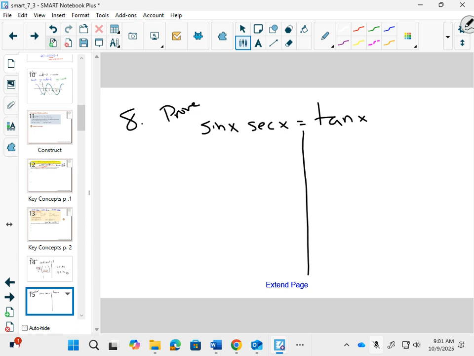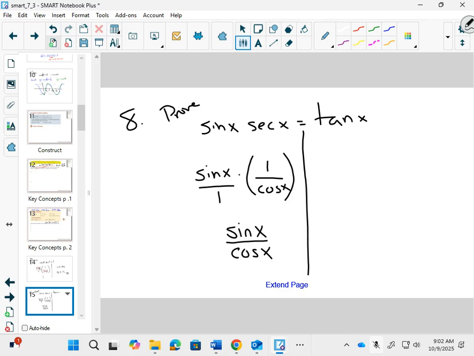And we're going to use the strategy that you can change everything to sine or to cos. Which means I'm not going to change the sine, because it's already sine. But I can change the secant, and the secant would change to 1 over cos. And this is over 1, so if I multiply the tops and multiply the bottoms to get a single fraction, that's the reason we started with our fraction work at the beginning, because the main strategy will be, can you write something as a single fraction?